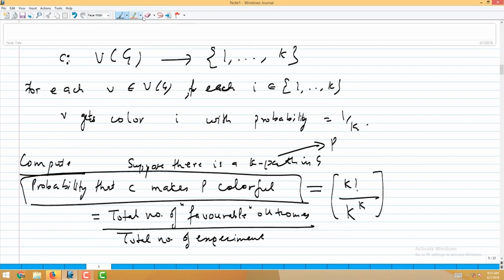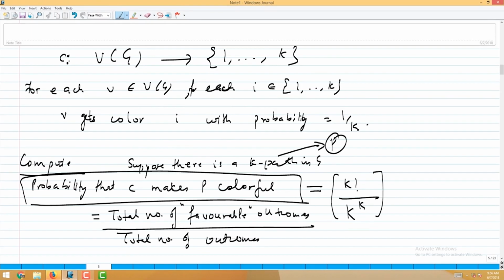What is a favorable event for us? A favorable event for us is that coloring which makes this particular path P colorful, right? So again, if I have to use this formula to get the probability, what will that be? What is the total number of outcomes? Why is it k power k?